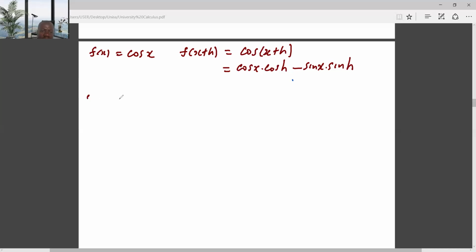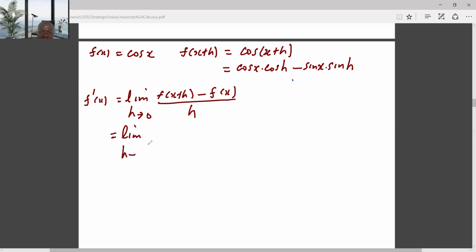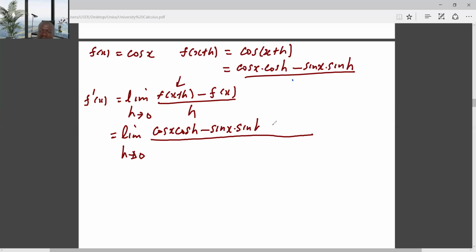F prime x is the limit when h approaches 0 of f of x plus h minus f of x, all over h. Then what is our f of x plus h? We do have this: cos x cos h minus sine x sine h. Then minus, there's a minus, f of x, which is our cos x, all over h.